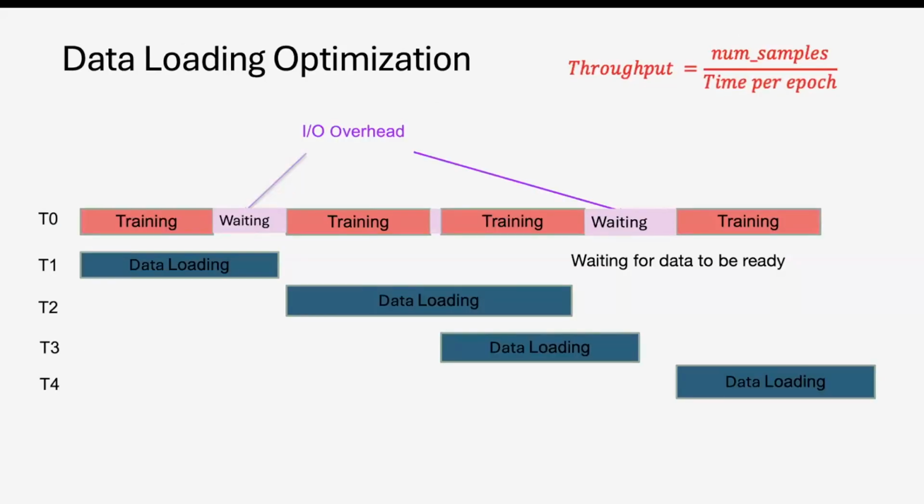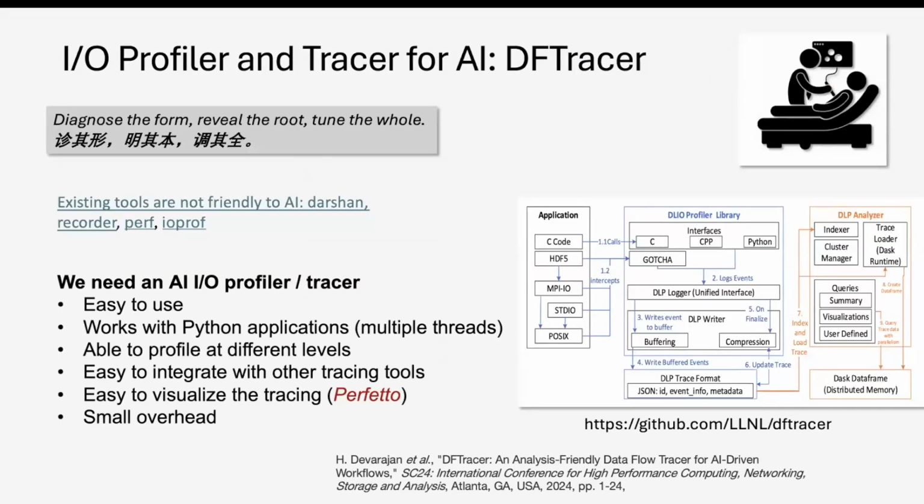In order to really understand all the low-level detail, we developed that profiling tool. The plot that I showed is coming from the profiler that we developed, and this is called dftracer.